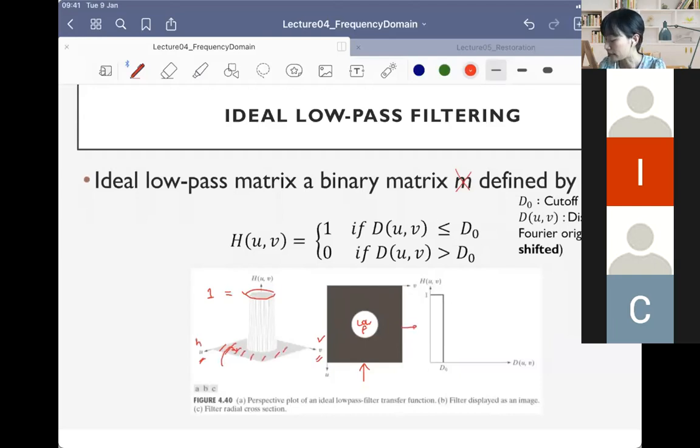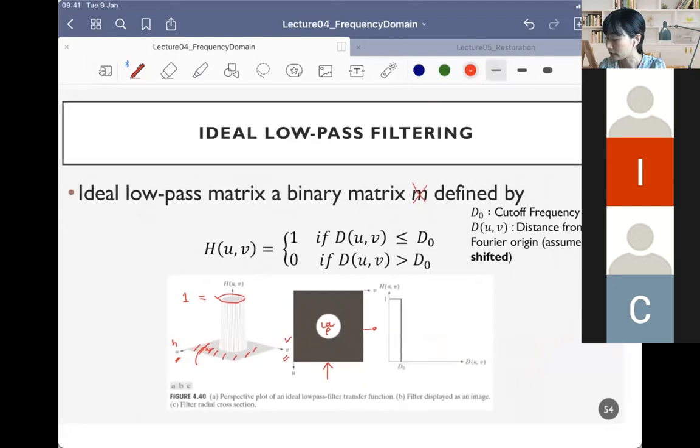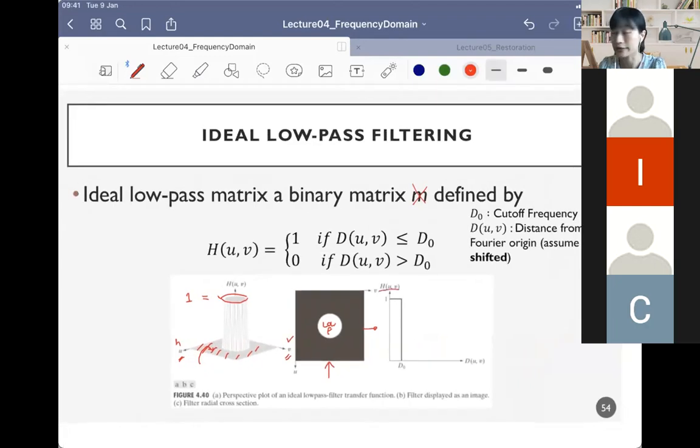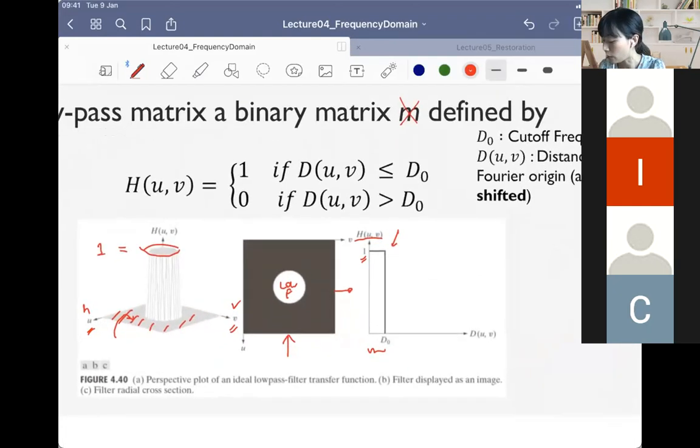So you can write down the filter, or you can call it the transfer function as well, in the frequency domain like this. And you will let it pass for a certain frequency, and we call this frequency the cutoff frequency.